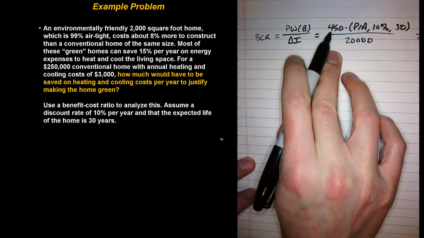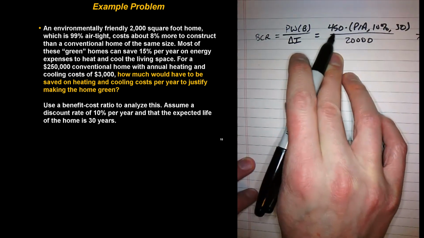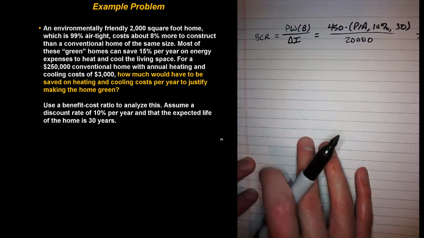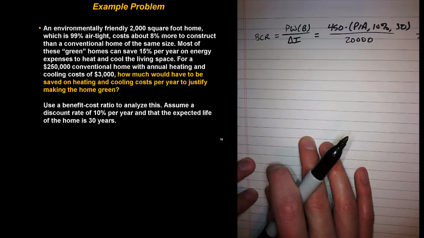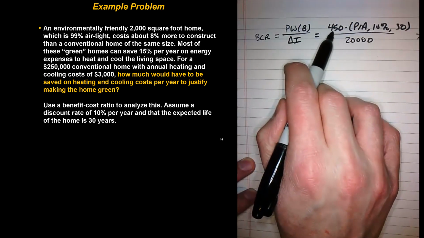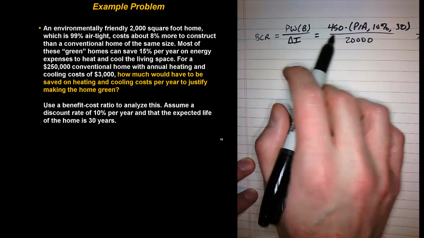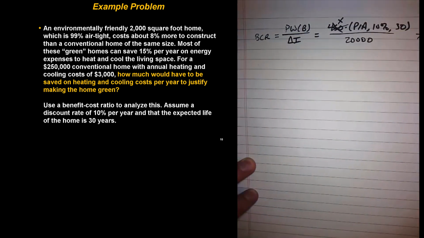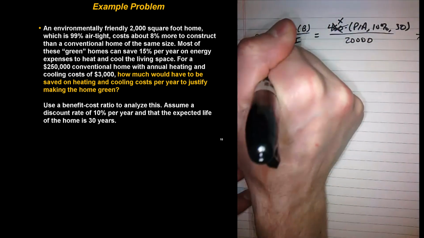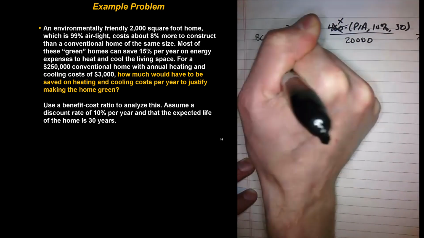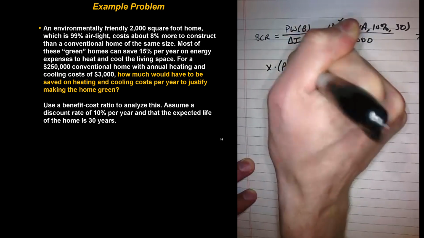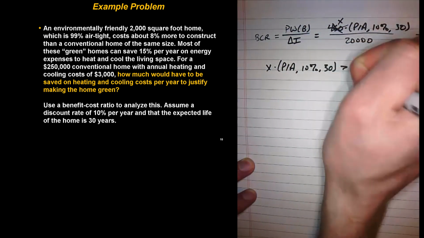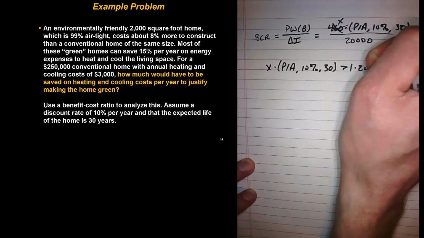Well, this 450 was what we had in the previous problem of what we would actually save. But because we're now doing this as a break-even style problem, this is what we want to solve for. So we're going to allow this to be our variable, and we'll just call that x. Now, that means that x times our P given A factor has to be greater than 1 times 20,000.